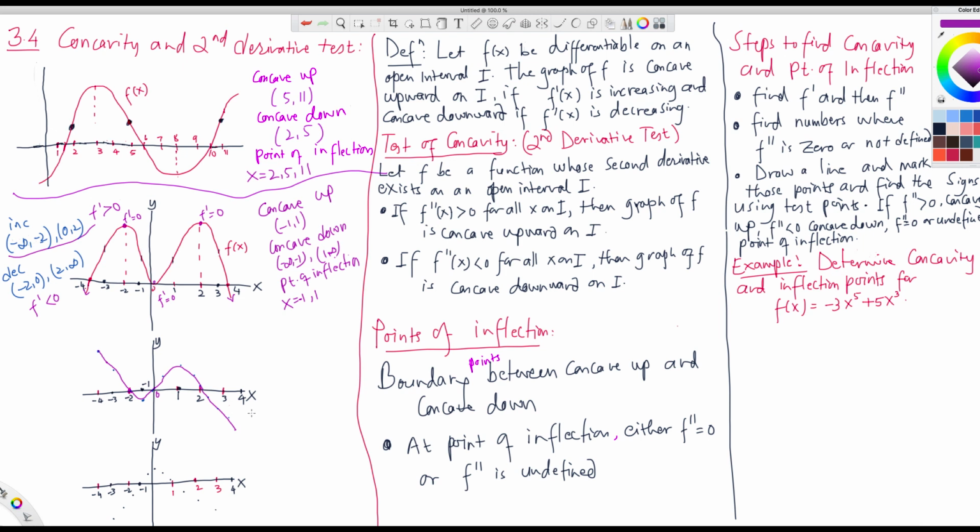So this is how I draw the graph of f prime of x. You can see that at -2 f prime is 0, right? f prime is 0 because f prime is crossing the horizontal axis. And then at 0 f prime is 0, at 2 f prime is 0 as well. That's why we cross those.